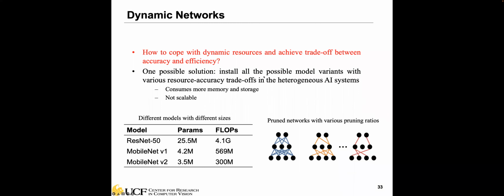For this kind of dynamic trade-off between accuracy and efficiency, one possible solution is to install multiple model variants with various resource-accuracy trade-offs. For example, I can deploy maybe 3 or even more models on the drone.